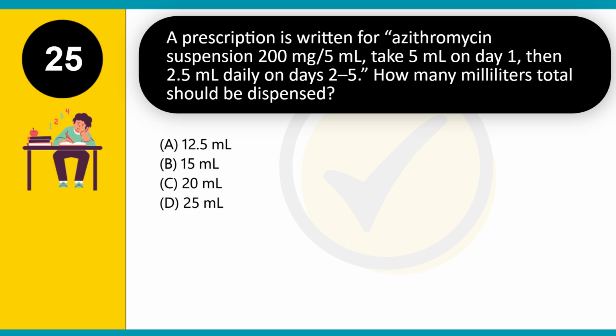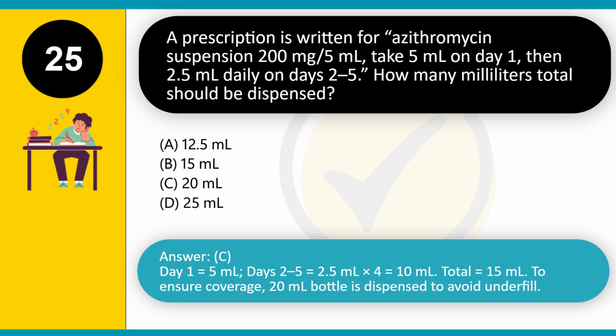C. 20 milliliters. D. 25 milliliters. Answer, C. Day 1 is equal to 5 mL, days 2 to 5 equals 2.5 milliliters times 4, which is equal to 10 mL. Total equals 15 milliliters. To ensure coverage, a 20 milliliter bottle is dispensed to avoid underfill.